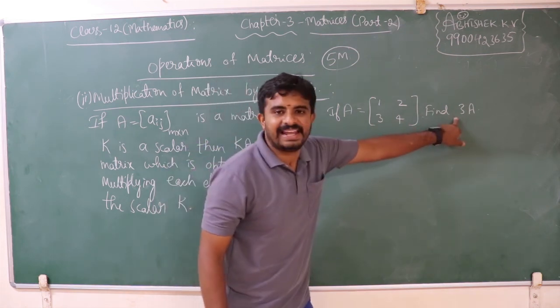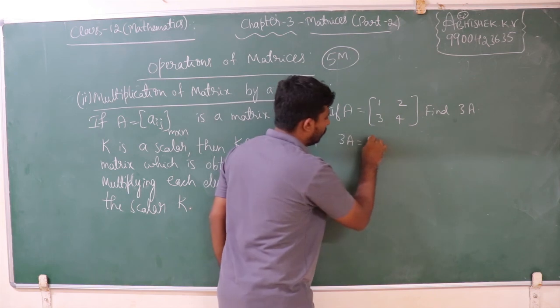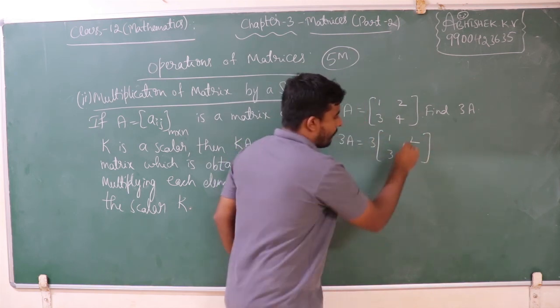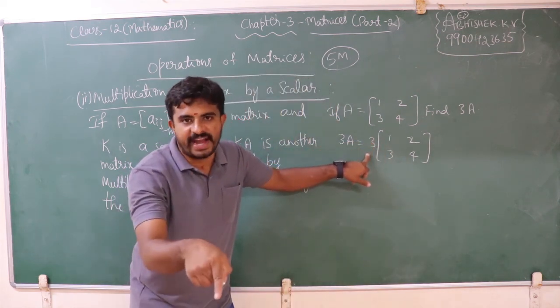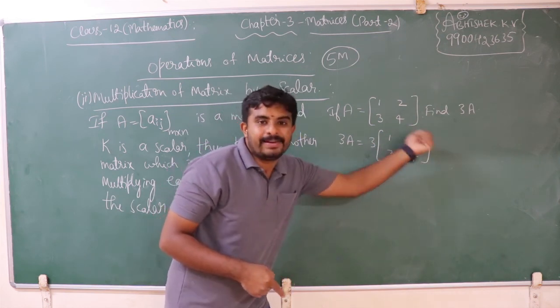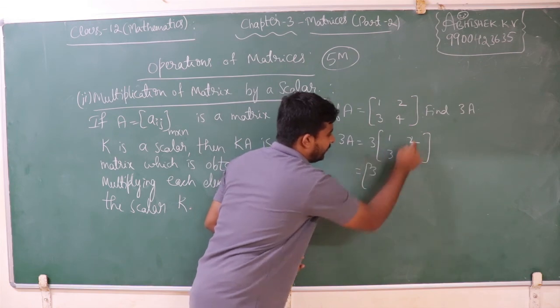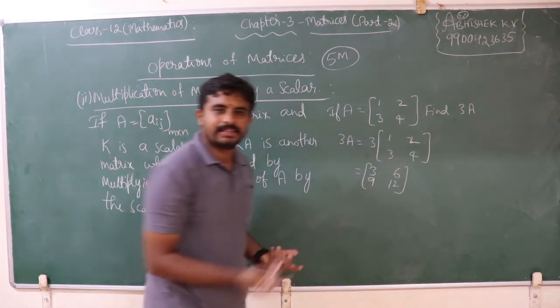See, what is the scalar here? 3. Therefore, 3A is equal to 3 into 1, 2, 3, 4. Multiplication of a matrix by a scalar k is obtained by multiplying this scalar to each element of this matrix. That is 3 into 1, 3, 3 into 2, 6, 3 into 3, 9, 3 into 4, 12. That's all.